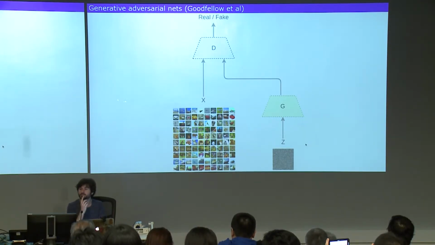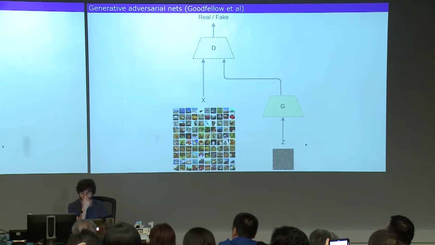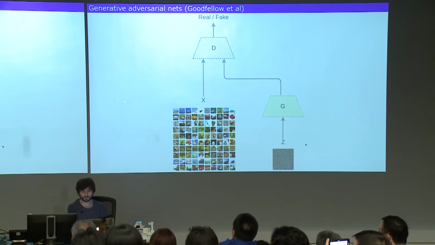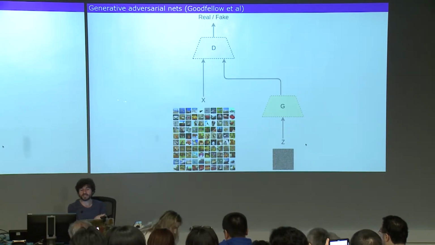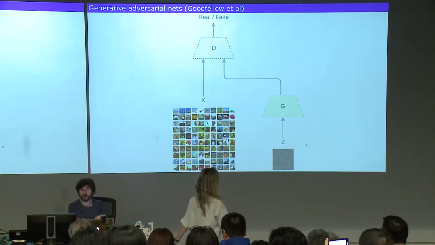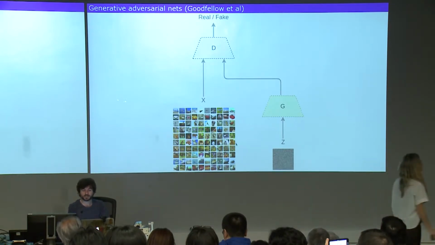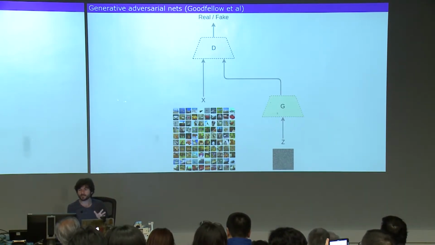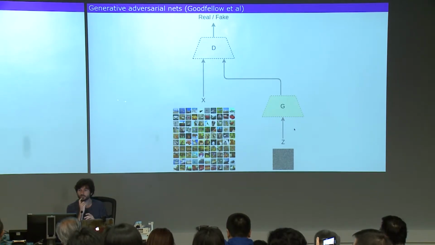Yeah. This assumes that D was not trained on the full data set, right? So D is trained on images coming from X, the data set, and coming from G. But it can't be the full data set, right? Because then it would just memorize those images.